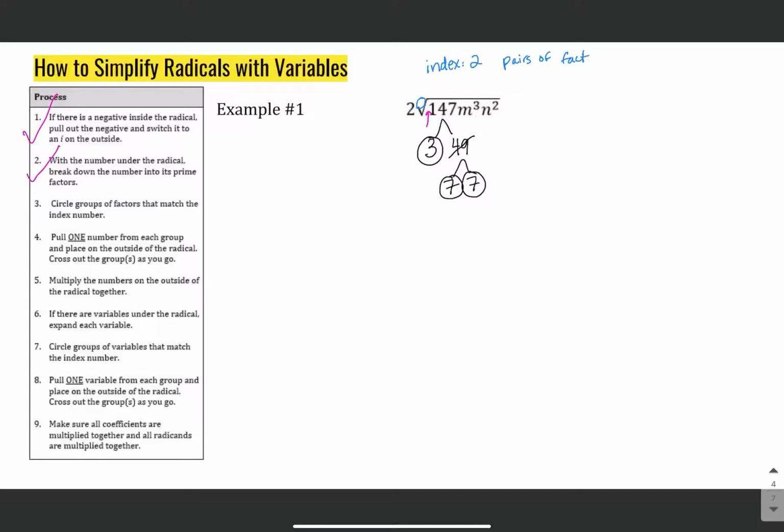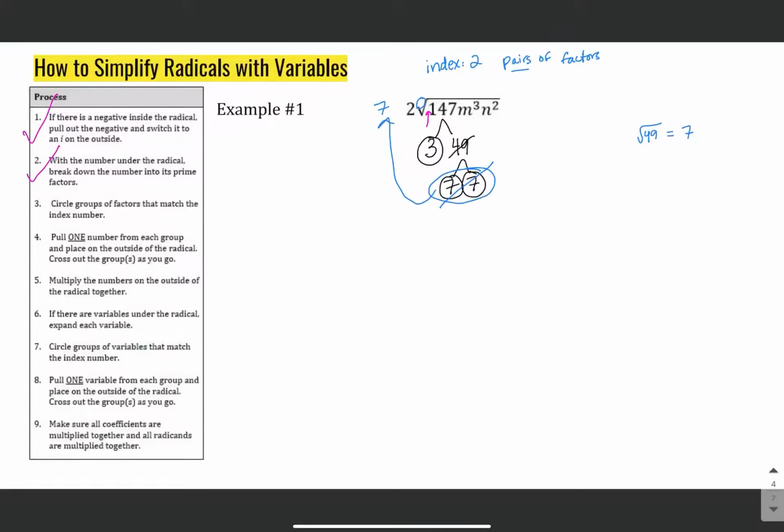Because again, pairs would imply 2. And just like from before, if I've got a pair, how many are going to the outside? Hopefully you know one of them. And the reason being is because technically what we're doing is the square root of 49, and the square root of 49 is 7.